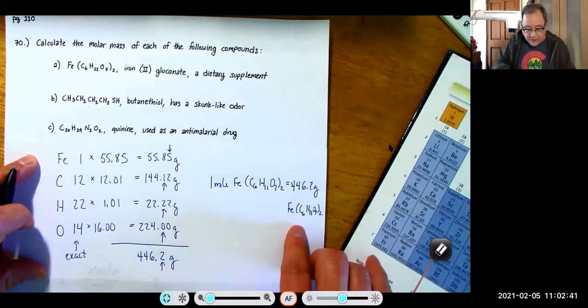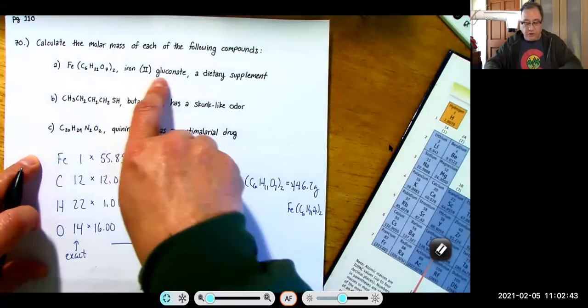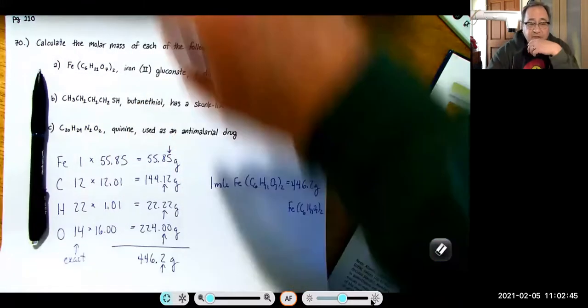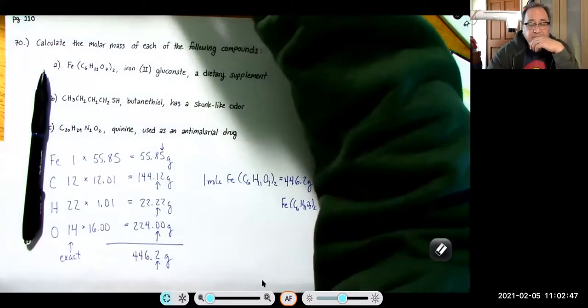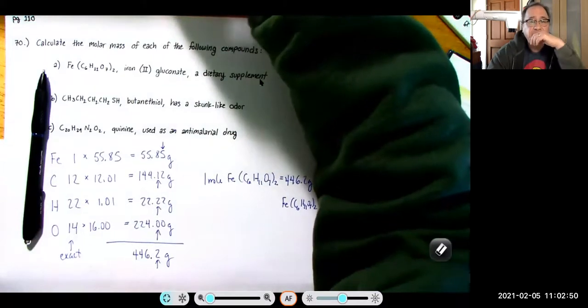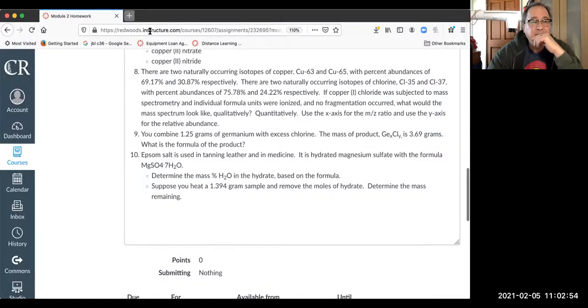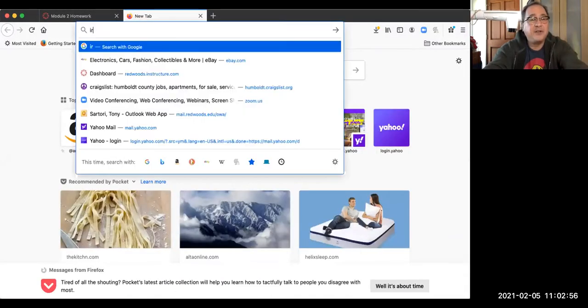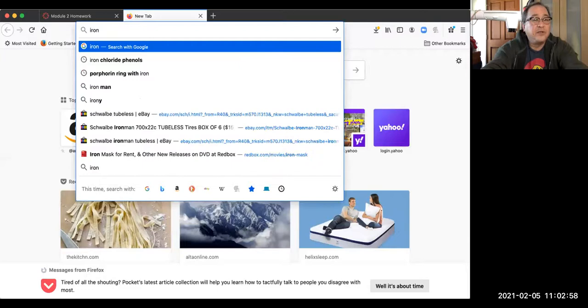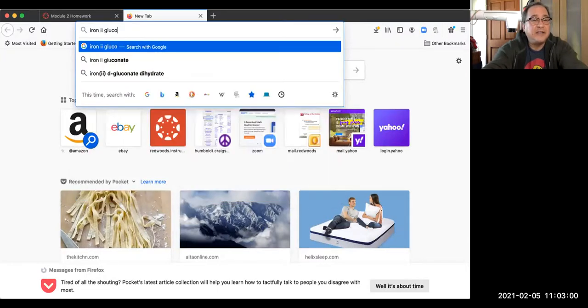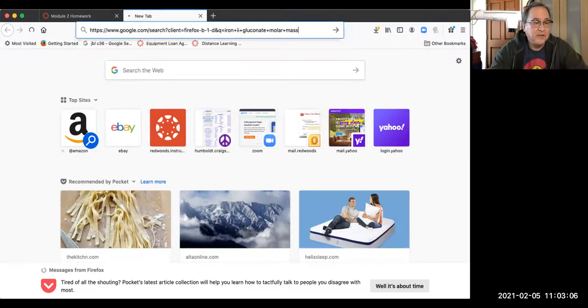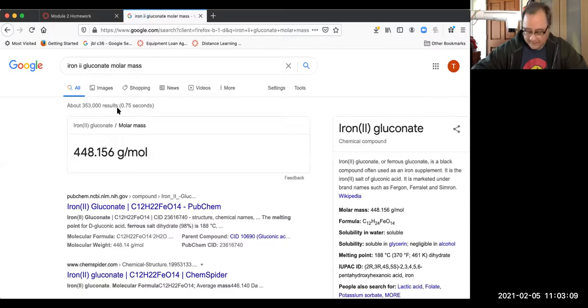So you could always check your answer, iron 2 gluconate. I'm going to switch my screen. And we'll say iron 2 gluconate molar mass. 448.156.